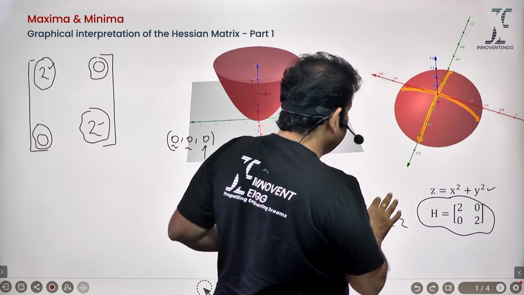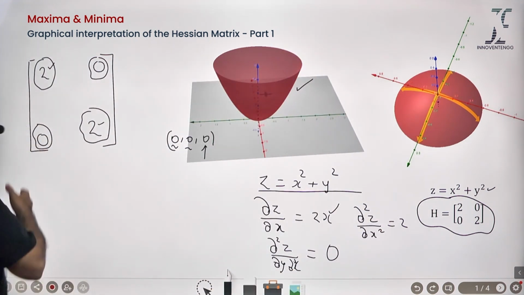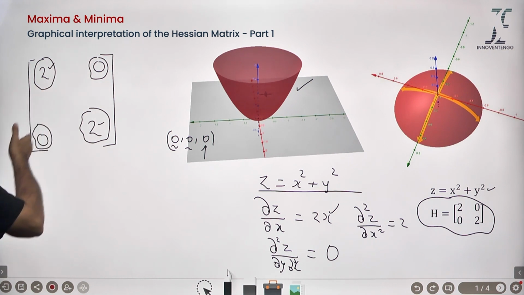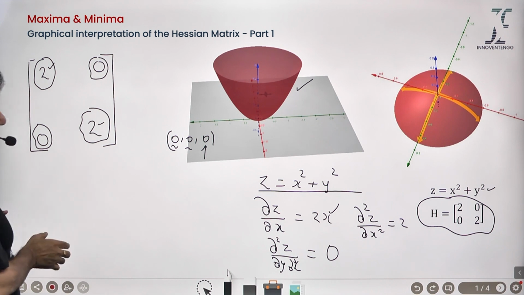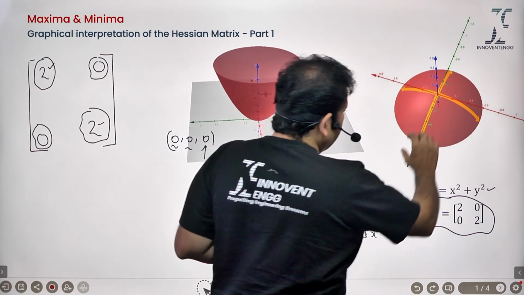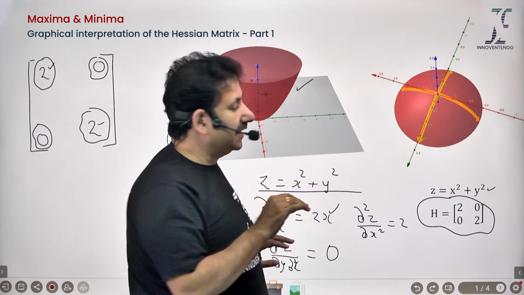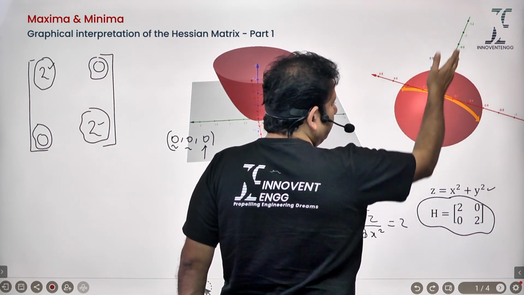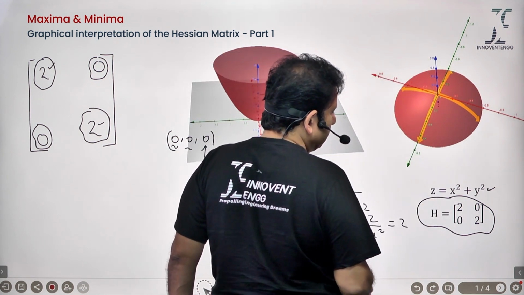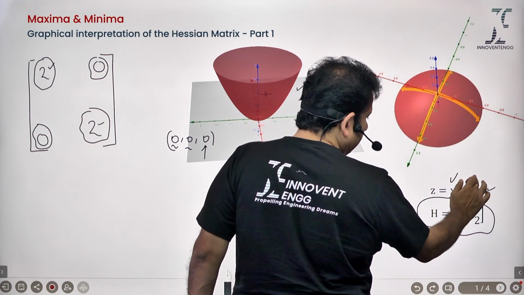So that means when this matrix is absolutely diagonal, that means it doesn't have any off-diagonal terms or anti-principal diagonal terms, then what it means is that the direction of the curvatures, which are given by the tangents at that point, exactly coincide with the principal axes, because one is of course x, another is y.